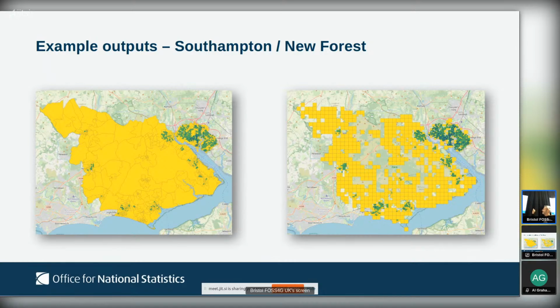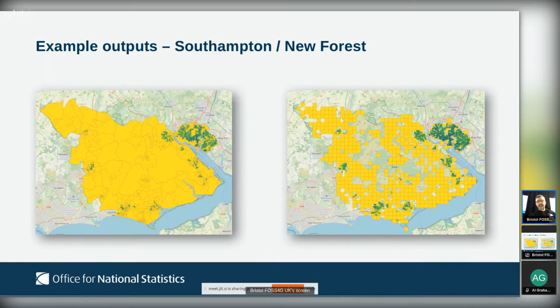And then you can see a bit more detail in the rural conurbations around the New Forest compared to the output areas. And one of the main things about this gridded method is that non-populated grid cells are removed from the data set, so that you can determine how populations are distributed more effectively than the other version.